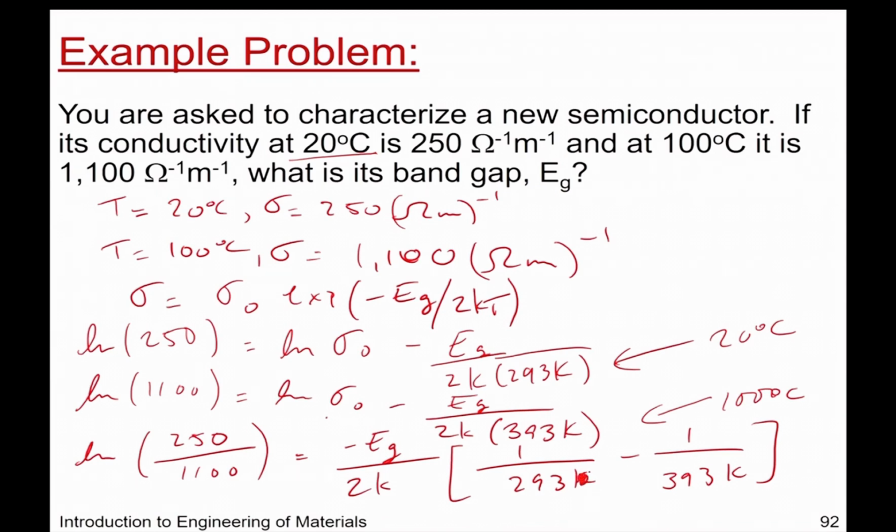Whereas this is kB, Boltzmann constant, the other K is just Kelvin. So then you can move the numbers around and you get the band gap is 0.35 eV.